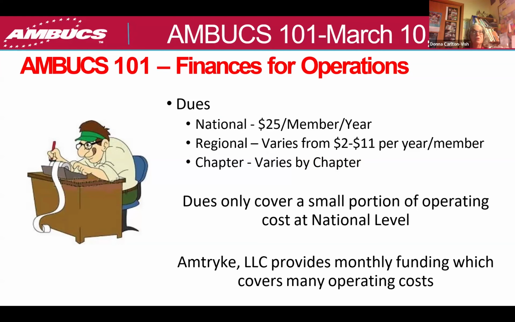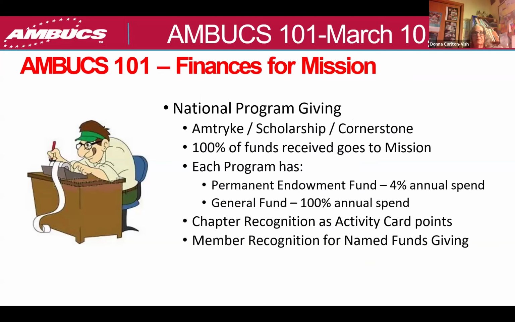You will also have regional dues. They vary from $2 to $11 per year per member, depending on which region. You will have to check with your region director for that, and your chapter sets their own dues. Of course, this amount of money only covers a bit of our operating costs. Amtrak LLC helps cover some of those operating costs, so our dues can be less, and we appreciate that so very much. Next slide, please.